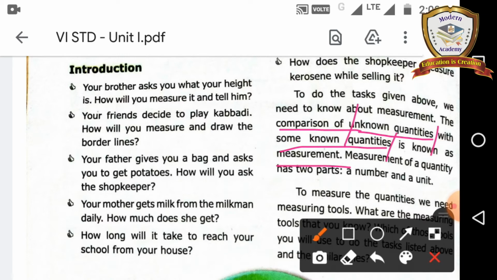Once again I am reading, the comparison of unknown quantities with some known quantities is known as measurement. Measurement of a quantity has two parts. First one, a number. Next one, a unit. Okay.